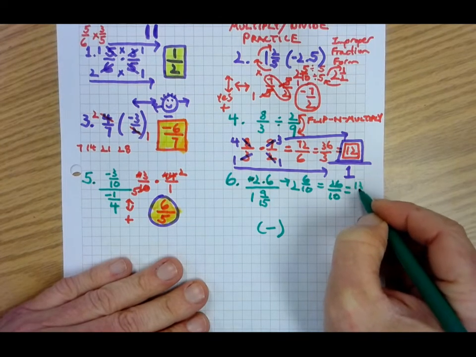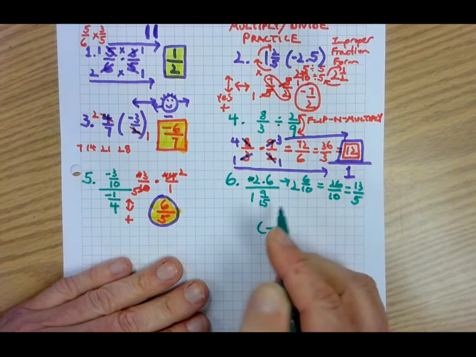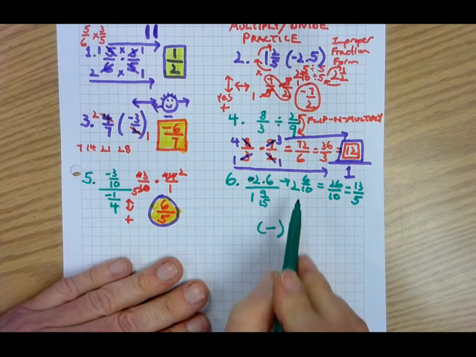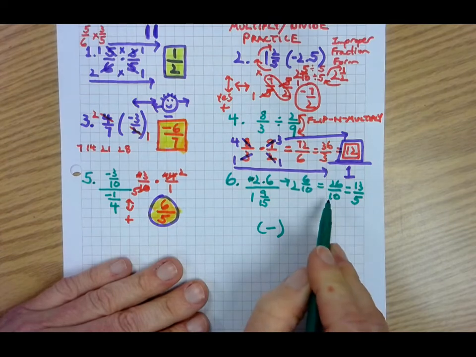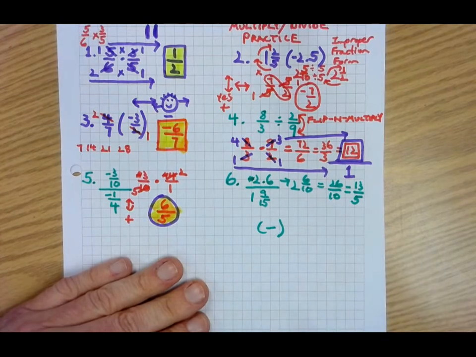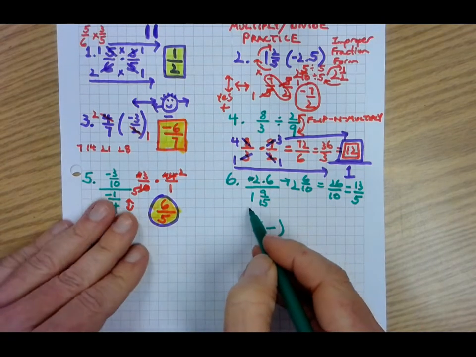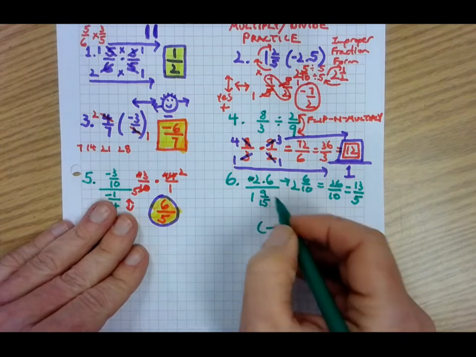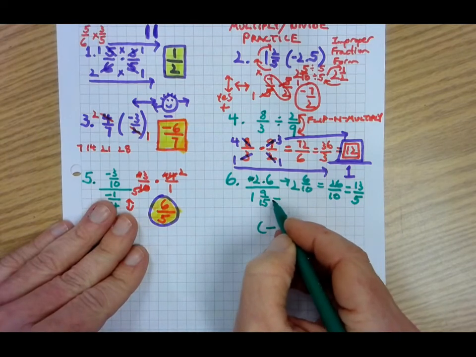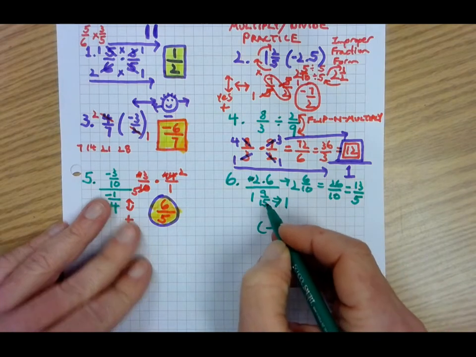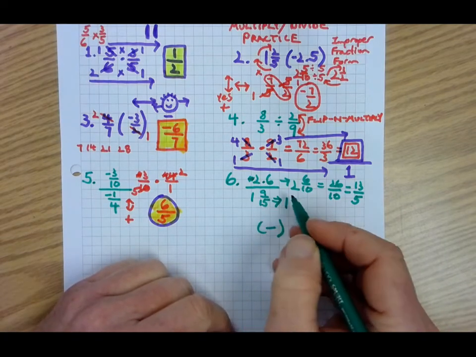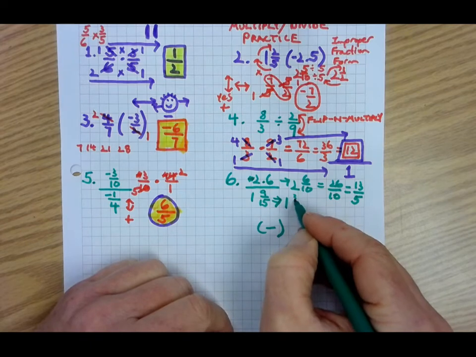Now we're ready to do some work. Let's see what we can do with this. 1 9/15. We can simplify the 9/15, and call this 1 3/5 if we divide top and bottom by 3. And now we can convert this. What's 5 times 1?